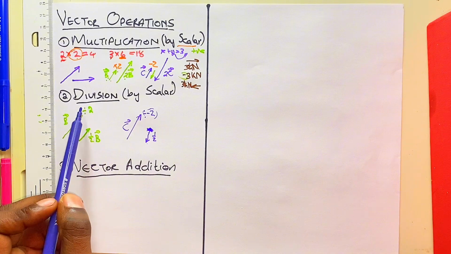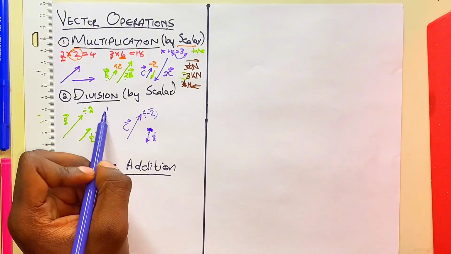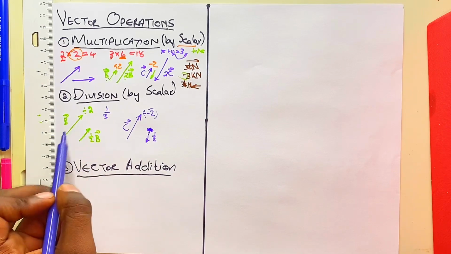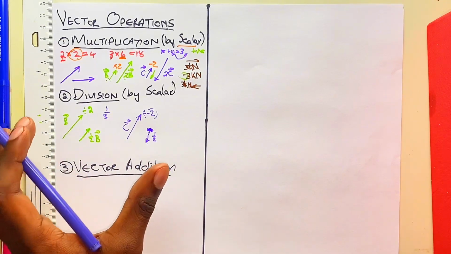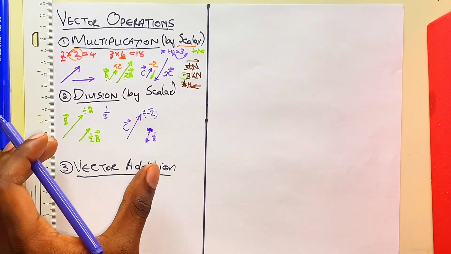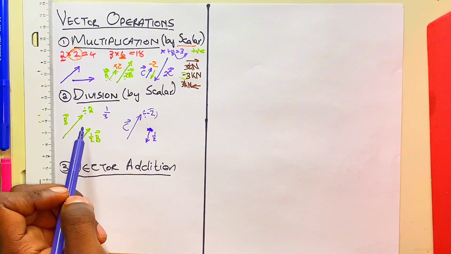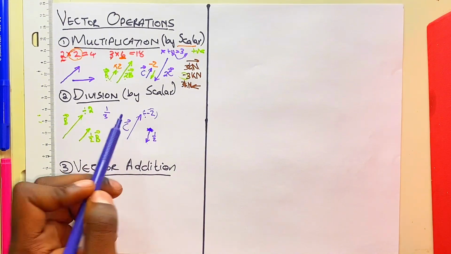If you divide it by 3, it will become 1/3 of the size that it was. They work the same, just that multiplication increases the magnitude, division decreases the magnitude, and the sign of your factor changes its direction.